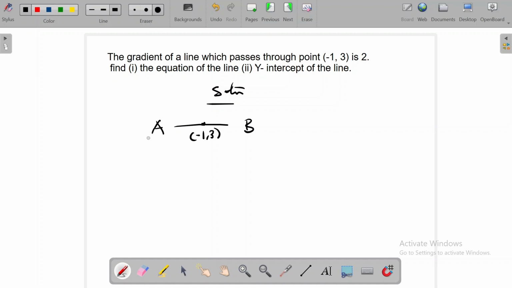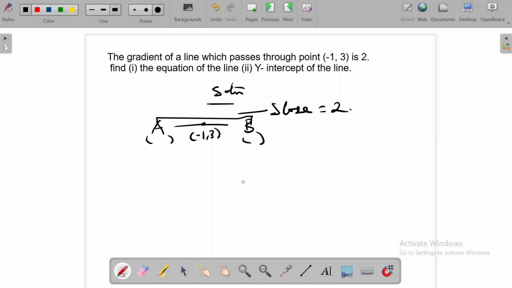Now, the points A and B are not given, but this point has been used to calculate the slope. That is why they said the gradient of a line which passes through this point is 2.